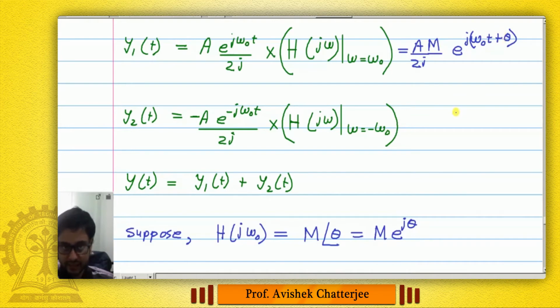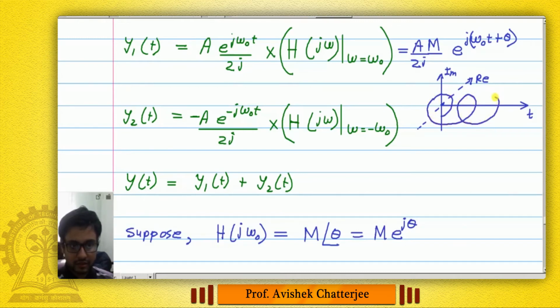as well as the phase angle of the signal is also changed. To give you a feeling, let me again draw a three-dimensional complex plane. This is the time axis, this is the imaginary component of a signal, this is the real component. Then suppose this input a e to the power j omega naught t by 2j rotates like this, starting from some point here.